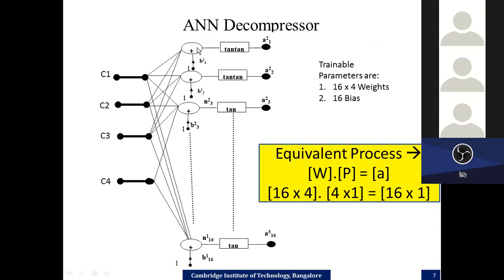That means for every neuron there are 4 inputs, and there are 16 neurons, so it is 16 cross 4, and your input size is 4 cross 1, so you get an output of 16 cross 1. So this is the output that you generate. Now again, the trainable parameters are 16 cross 4 weights and 16 biases.